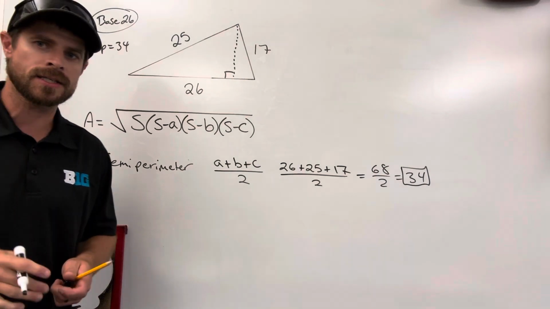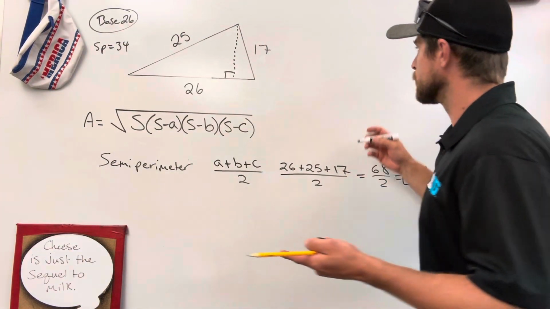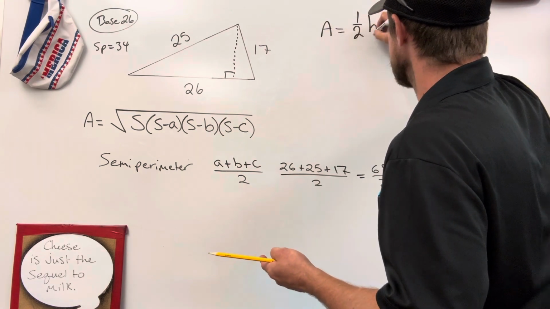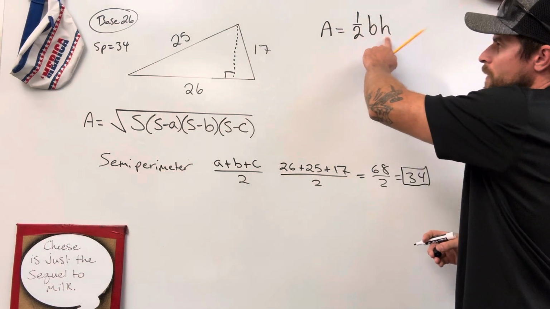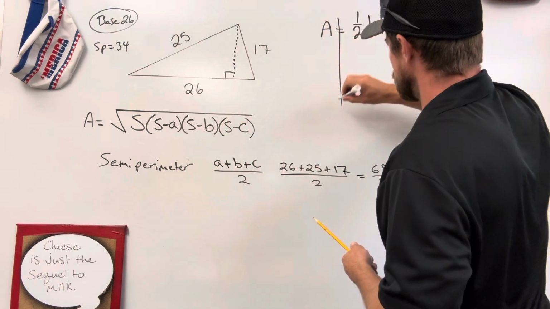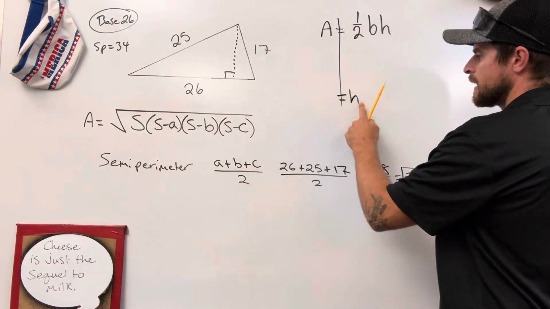One more thing we need to determine is how do we find the area of a triangle. We know area of a triangle is 1/2 base times height. Well, since we're trying to find height, we need to solve this formula as a literal equation. We need to get this equal to h. We need a formula for finding height.